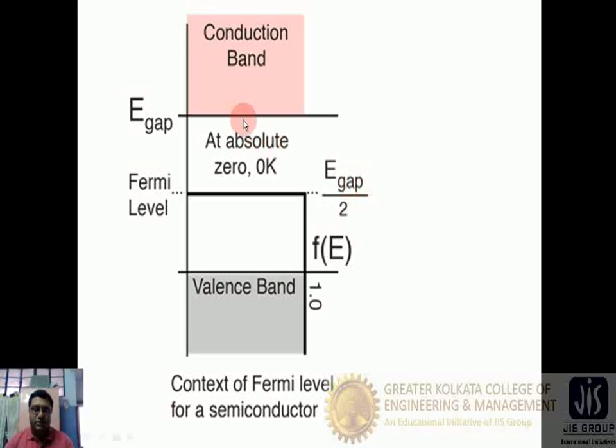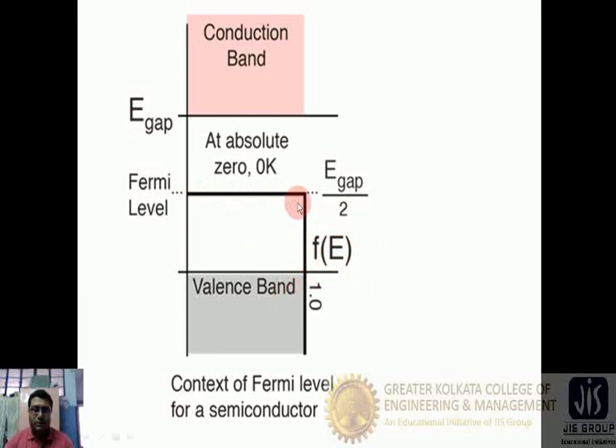It is the energy gap, Eg is the energy gap, and the Fermi level is just in between, in the middle of the energy gap, so it is Eg by 2. It is a function of the energy, a probability function.